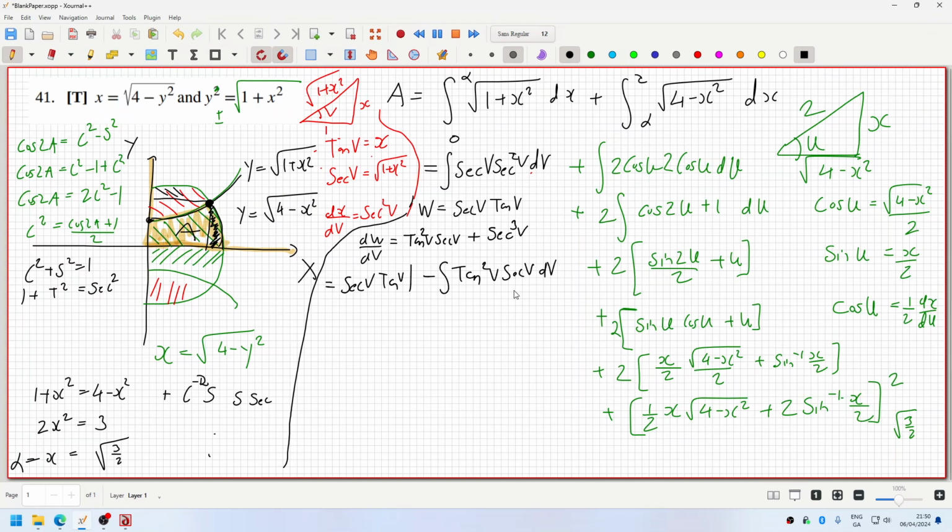Now we need another. I think we should change tan squared into sec squared minus 1. Sec v tan v minus the integration of sec squared v minus 1 sec v dv.